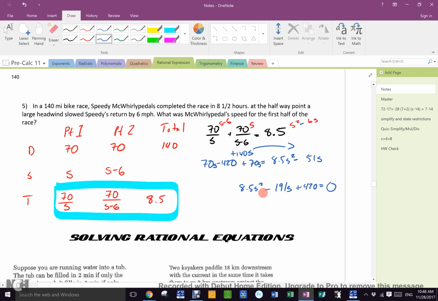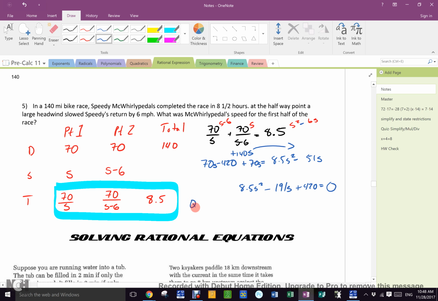When you do that, how many answers is it going to give us? How many answers does it always give us? 2, right? It's going to give us 2 roots. So I'm going to help you guys out because we're running out of time. We'll use the quadratic formula, and we end up with 2 different numbers.